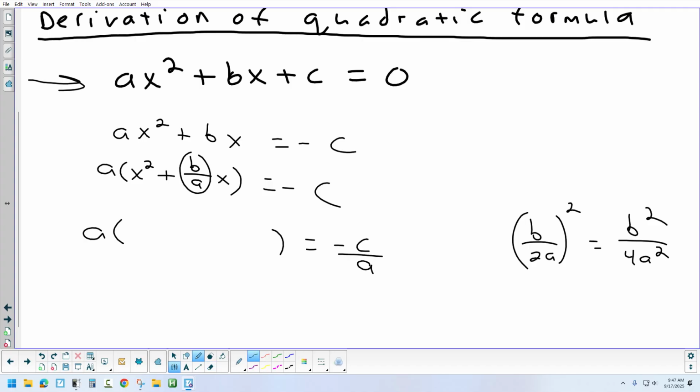It's going to make it less annoying than having it there. So now we have x squared plus b over a x, and then what we added on both sides, b squared over 4a squared. And if you add b squared over 4a squared on the left, you also have to add it on the right.